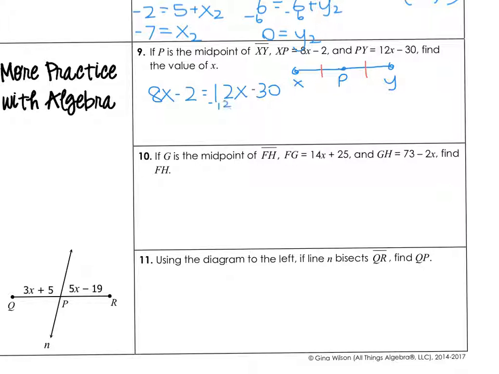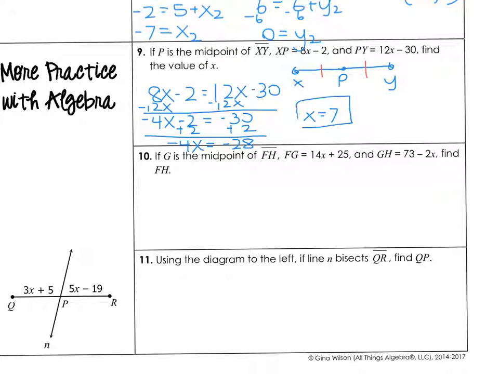I'm going to subtract 12x. All of you guys have been getting real good at solving equations. Add 2. Then I'm going to divide by negative 4. And that's what it's asking for. Find the value of x. So that problem is done.